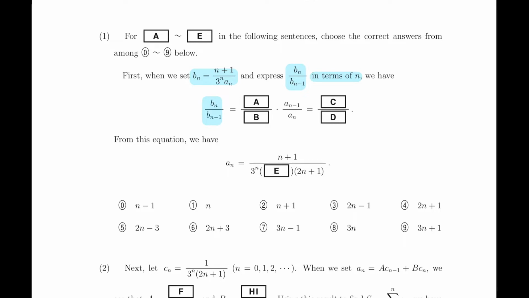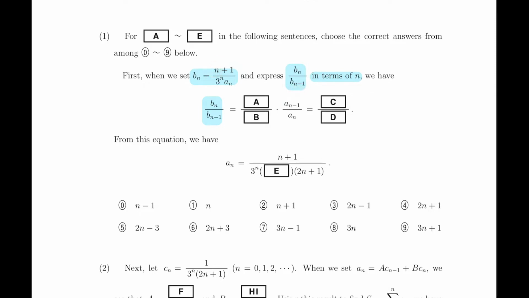First of all, I want to express bn over b(n minus 1) in terms of n. If I have bn equals (n plus 1) over 3 to the power of n times an, then b(n minus 1) can be found by substituting every n with n minus 1.